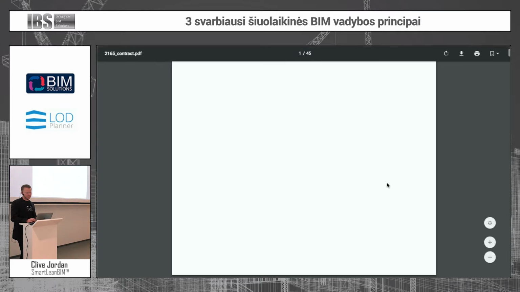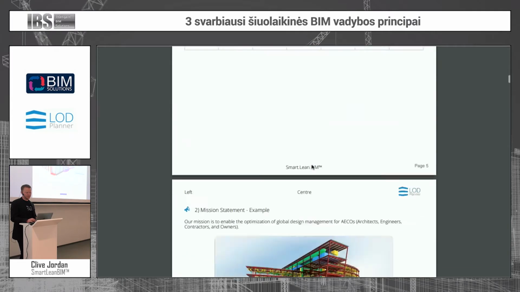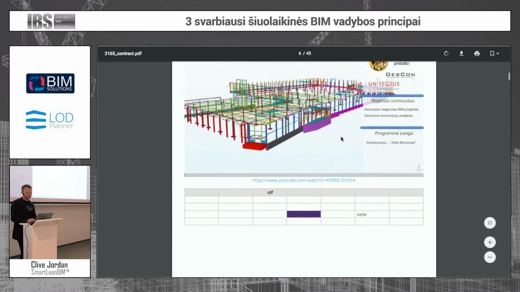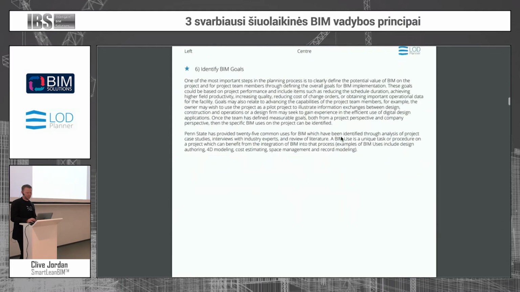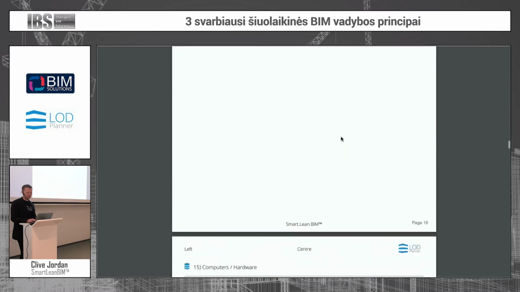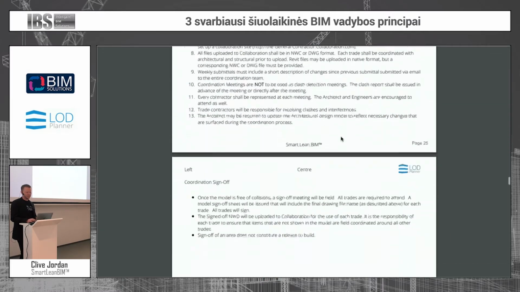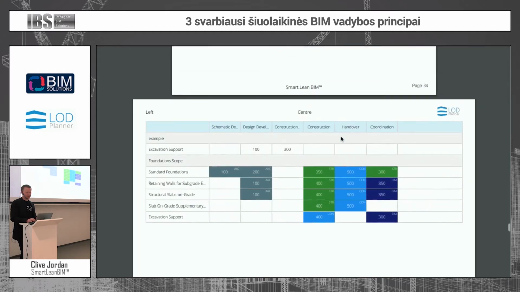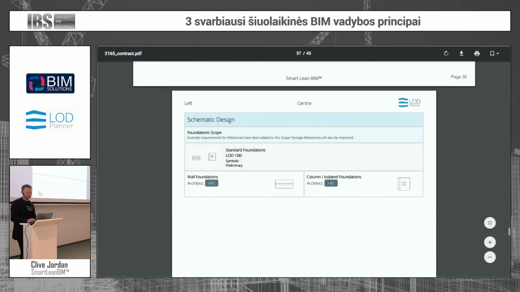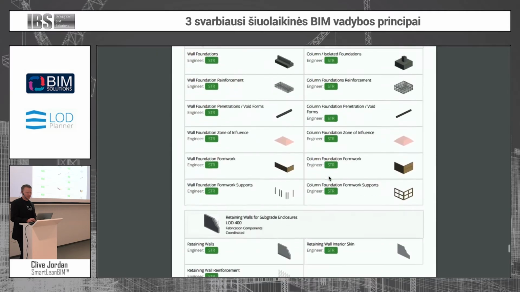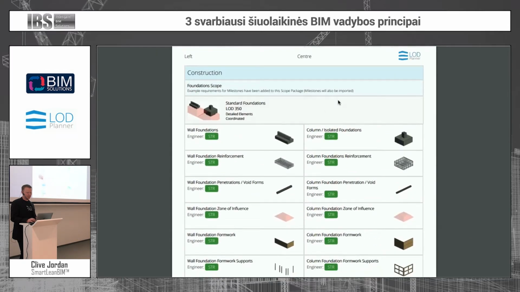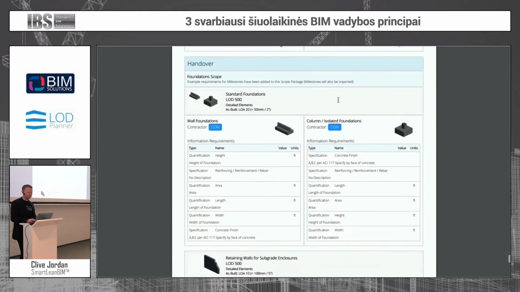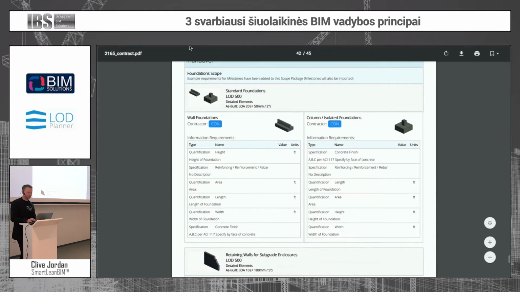With our cover page, and who's involved in the project team, and all of our requirements that we created, all of the other detailed requirements for everything in the project. The signature page, the very simple scope that we created, and the detailed requirements. And some of those detailed requirements for handover had information requirements on them as well.